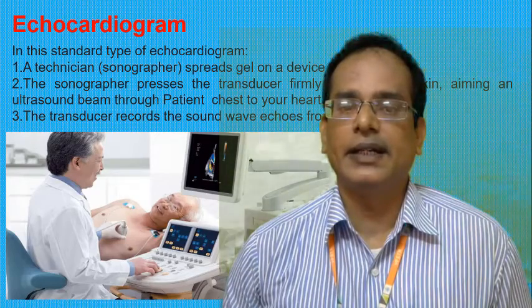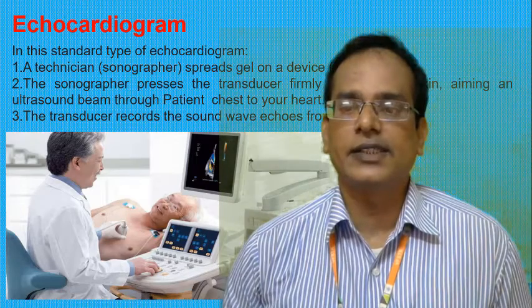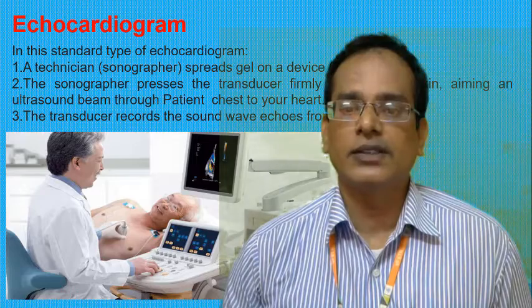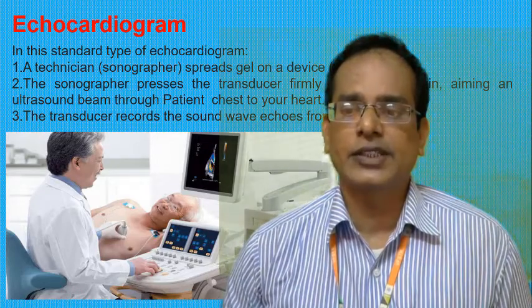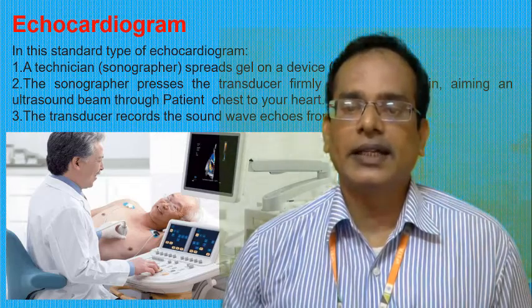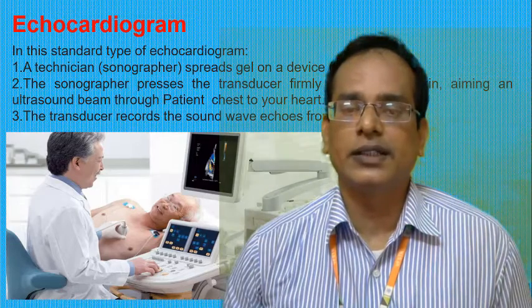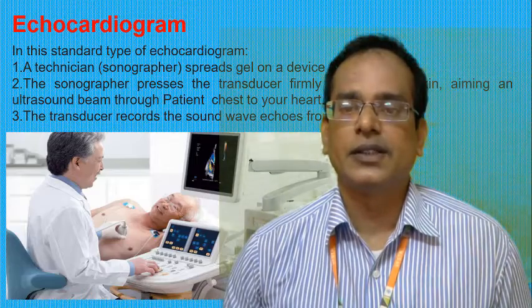Echocardiogram can be defined as a diagnostic test which uses ultrasound waves to make images of the heart chambers, walls and surrounding structures. It can measure the cardiac output, and it is a sensitive test to find fluid around the heart, which is called pericardial effusion.